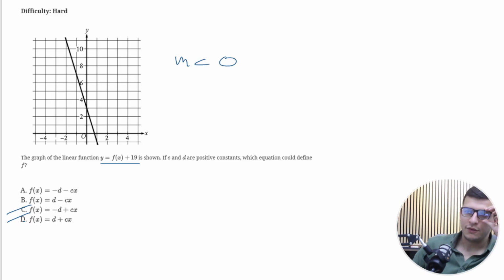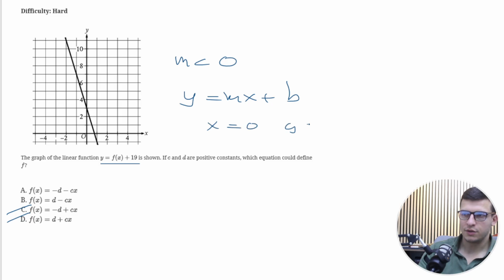Now we're looking for, what are we looking for? We're looking for the y-intercept, right? So d in this equation, or negative d, if we have y equal to mx plus b. B represents your y-intercept, meaning when x is 0, y equals b.